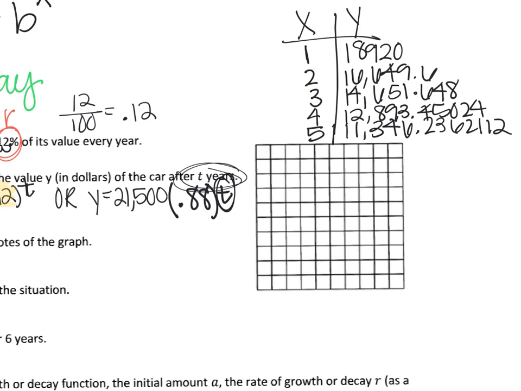Okay, so as you can see, we're exponentially decaying. I'm going from 18,000, almost 19,000, way down to 16,000, 14,000, 12,000. So it's going down.